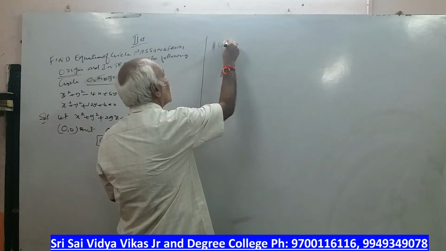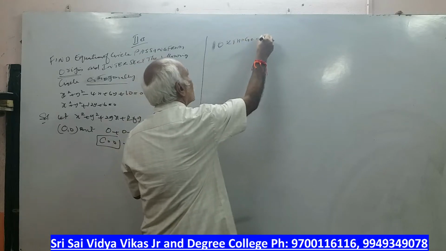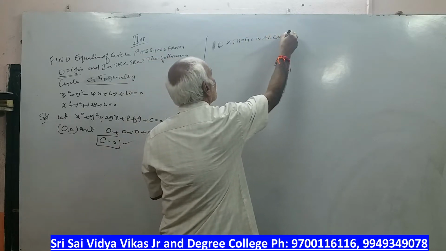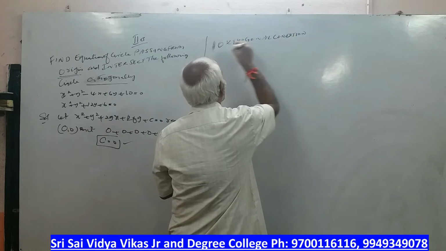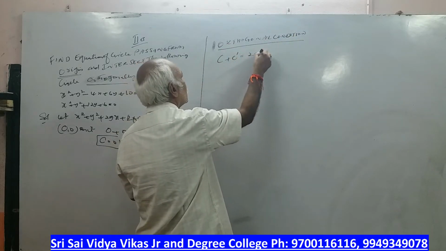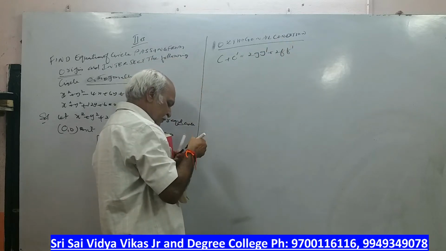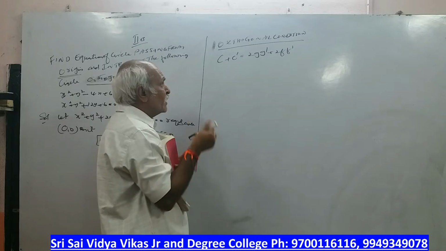Orthogonal condition. What is the orthogonal condition? c plus c dash is equal to 2gg dash plus 2ff dash. Okay, this is the condition. Here what is required? g value, f value, c value.